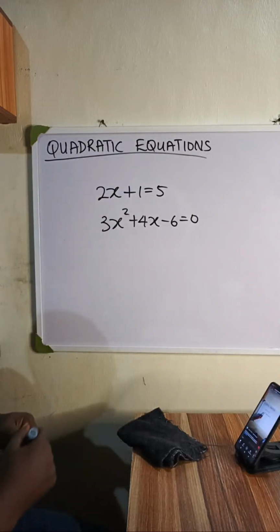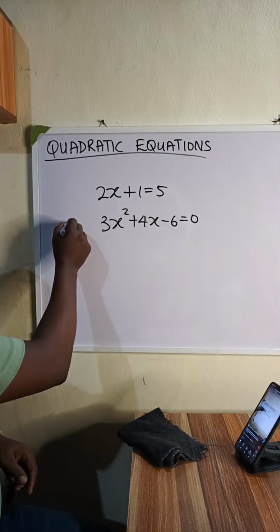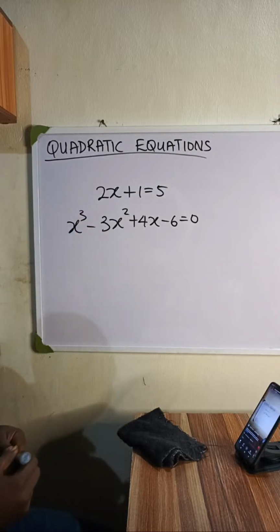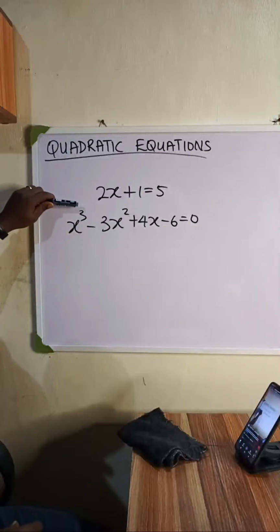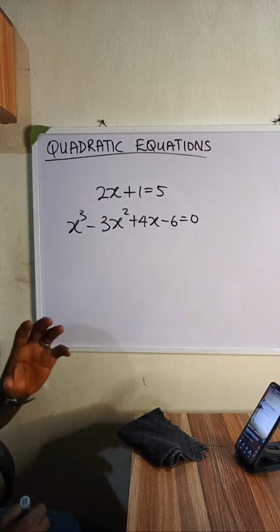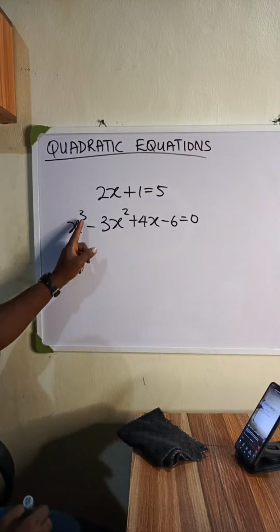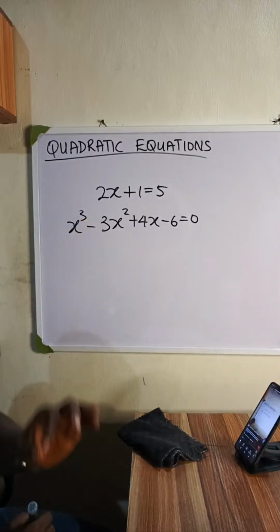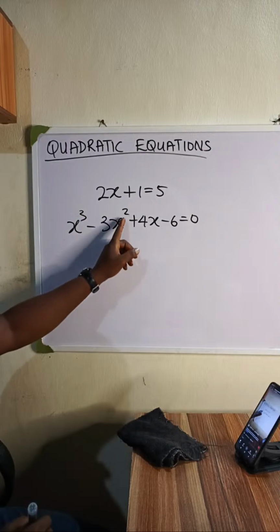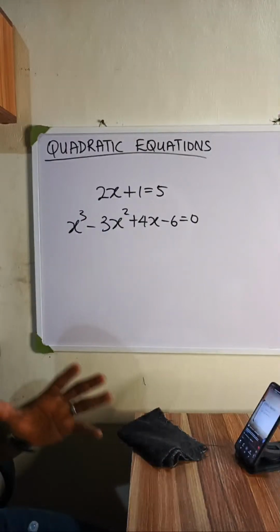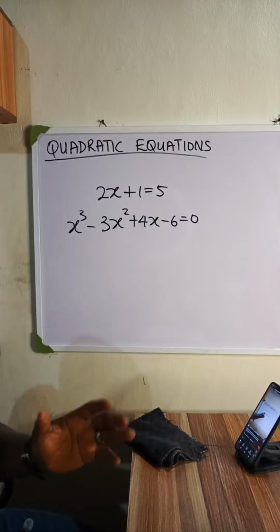But if we have x to the power of 3 minus, and in this situation we have the highest power of x to be 3, this is not a quadratic equation. For it to be called a quadratic equation, the highest power of x has to be 2. So that is what we did on Wednesday.